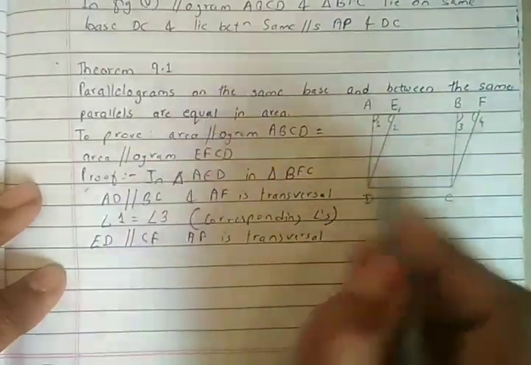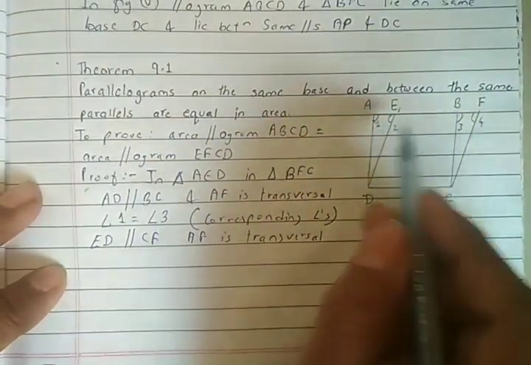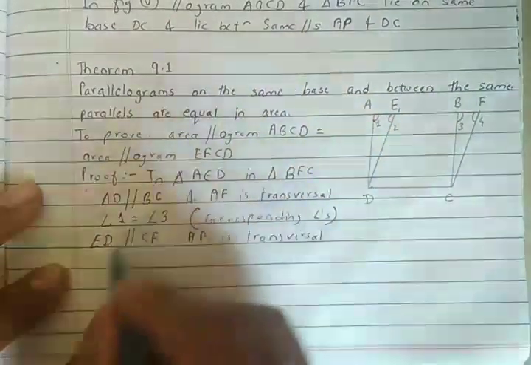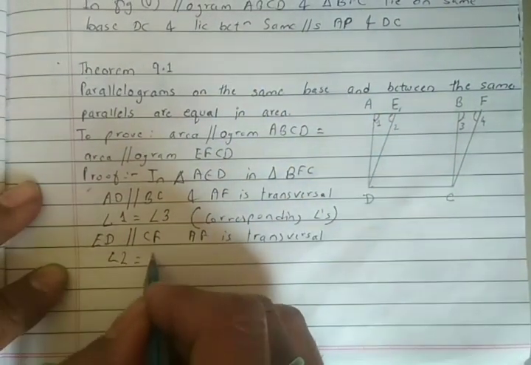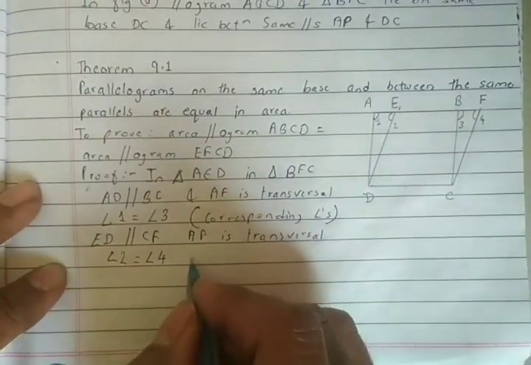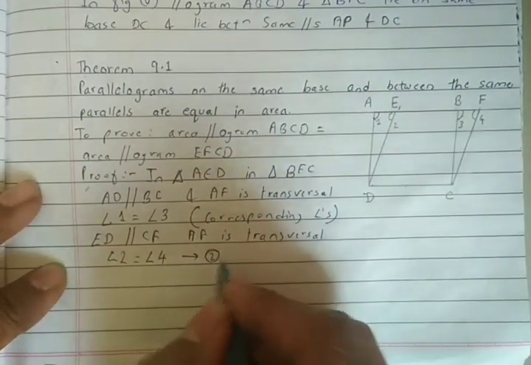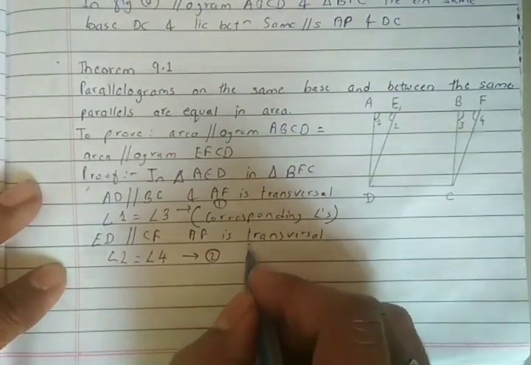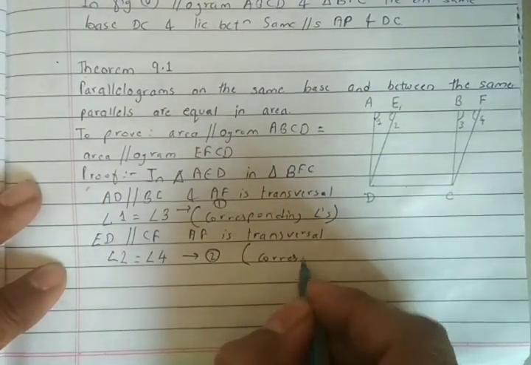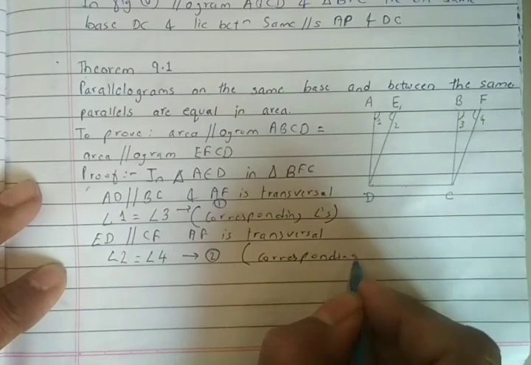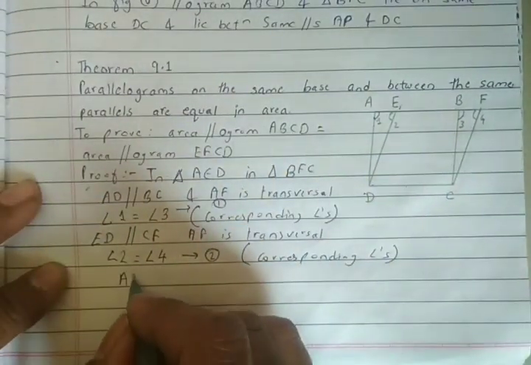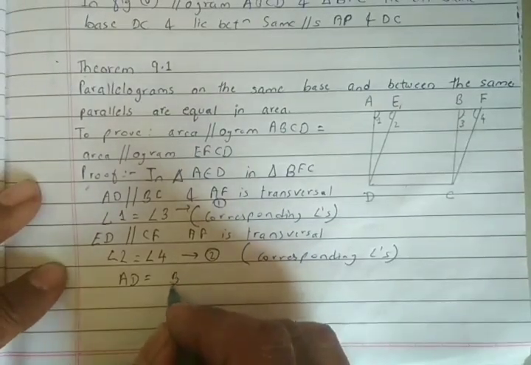You know, when these two lines are parallel, the corresponding angles are also equal. So you can say that angle 2 is equal to angle 4. You can name this as equation 2 and you can name this as equation 1. They are corresponding angles. And now we can say that AD equal to BC.